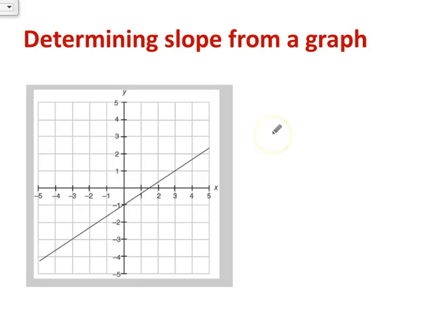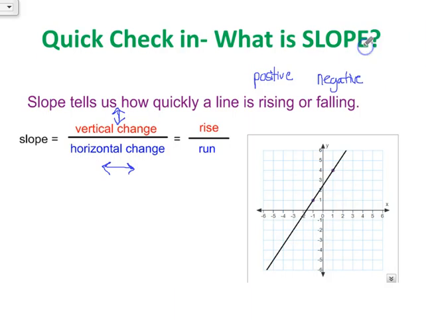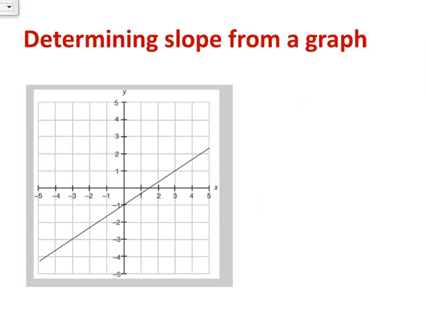So to find slope from a graph, remember slope is the amount of change from one place to another. So to find slope from a graph, we're going to determine what is that change from one point on the graph to another point on the graph.